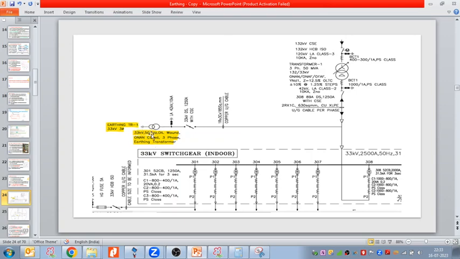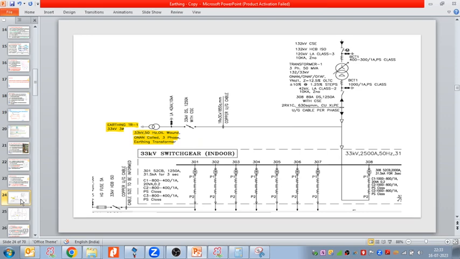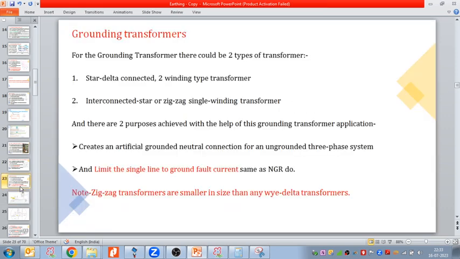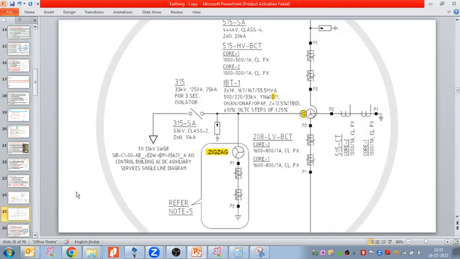So this is the case of the two winding transformer. Second, if you see over here, this is an auto transformer star.